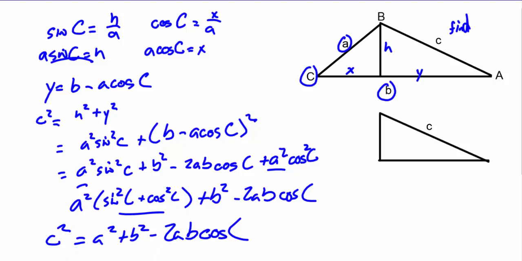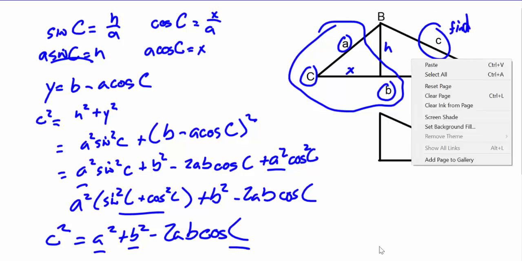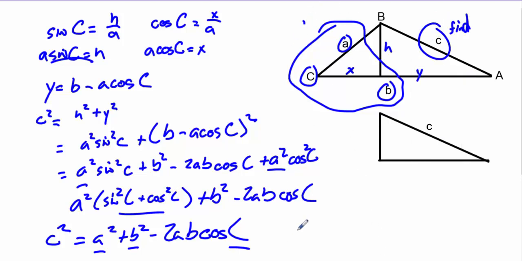Well, basically, I have the a, the b, and the angle C, which was given, and that allows me to find the missing side. And this in itself right here is the law of cosines.